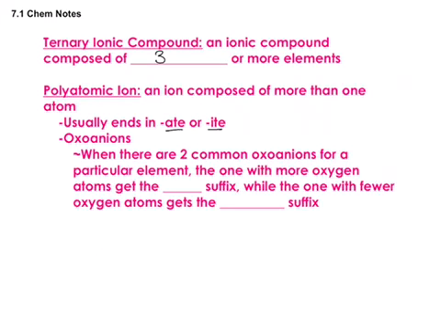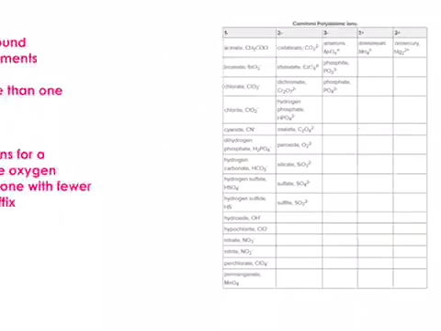The one with more oxygen atoms gets the ate suffix, and the one with fewer oxygen atoms gets the ite. Again, this is like the ferric and ferrous. It doesn't tell you how many, it just tells you which one has more.